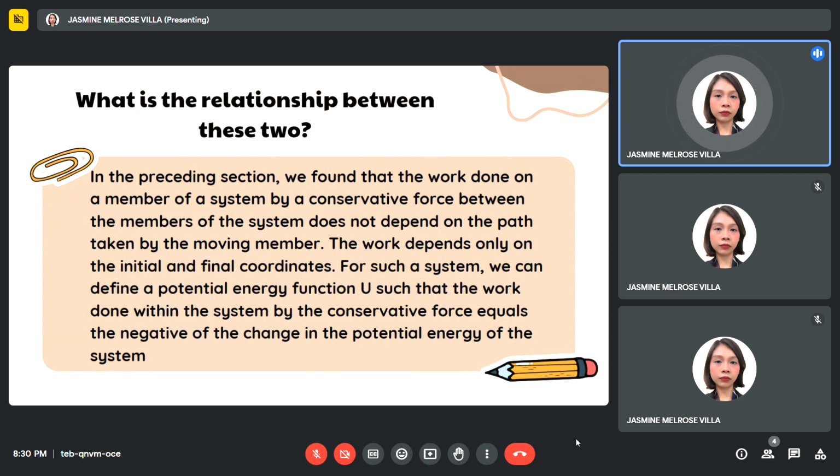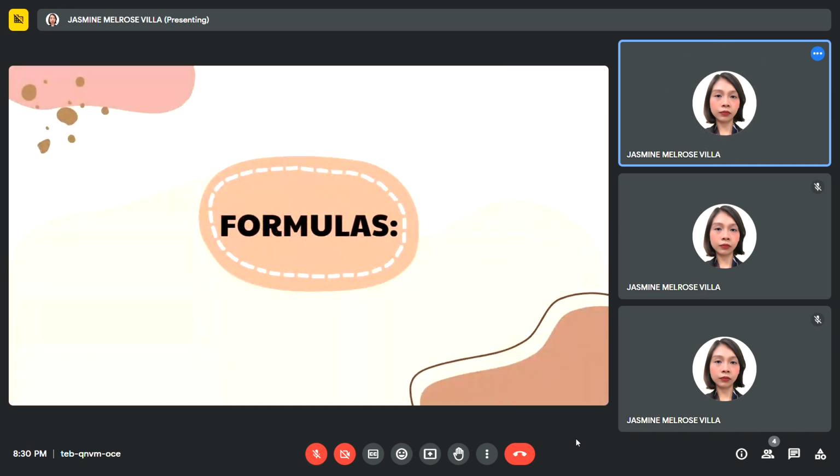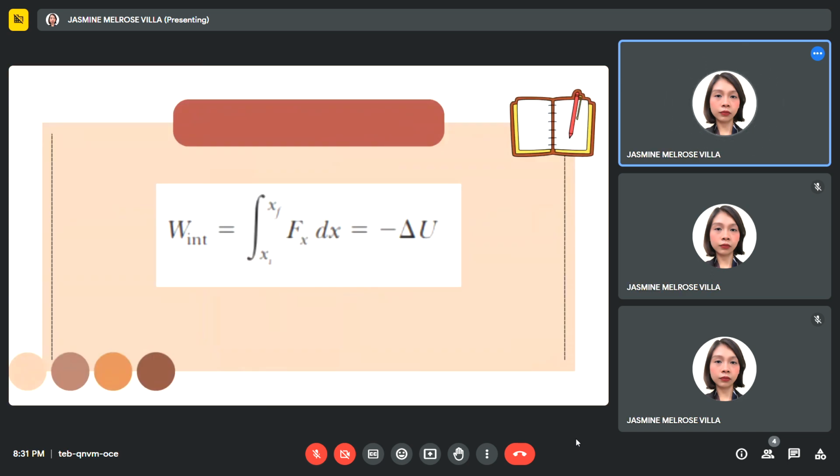Let us imagine particles in which a conservative force F acts between the particles. Imagine also that the configuration of the system changes due to the motion of one particle along the x-axis. The work done by the force as the particle moves along the x-axis is this one, where F sub x is the component of the force in the direction of displacement.